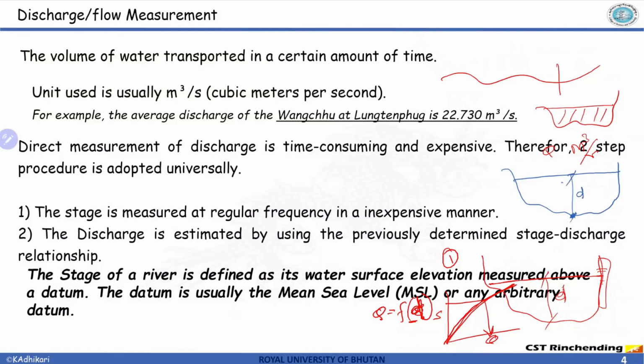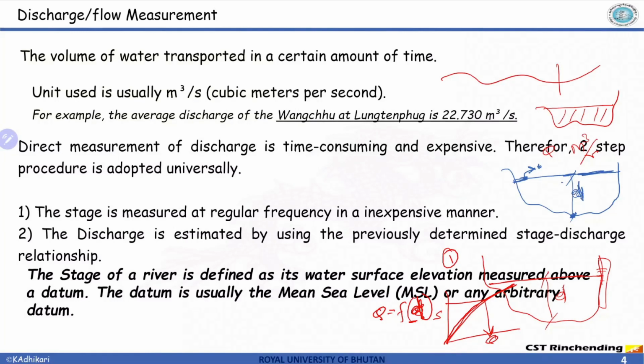But the water surface will also have some elevation above the mean sea level. So what is the elevation of this? If, instead of mentioning this in terms of depth, we record the water surface elevation of a particular section above mean sea level, then we call it stage. So that's the difference between depth and stage.